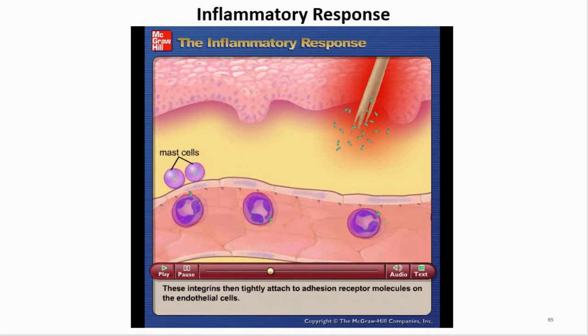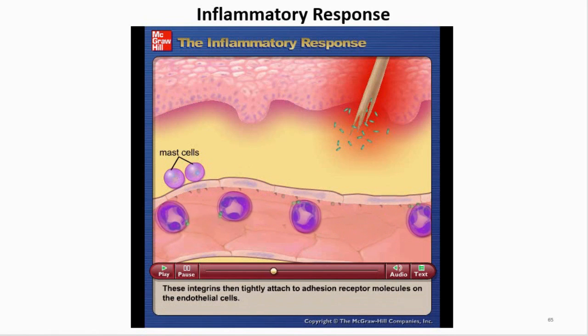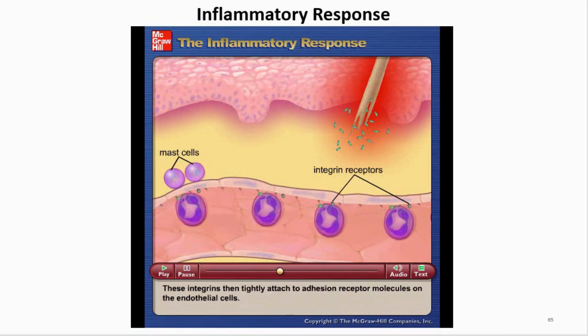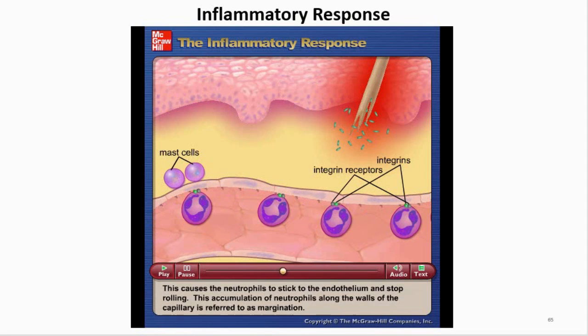These integrins then tightly attach to adhesion receptor molecules on the endothelial cells. This causes the neutrophils to stick to the endothelium and stop rolling. This accumulation of neutrophils along the walls of the capillary is referred to as margination.